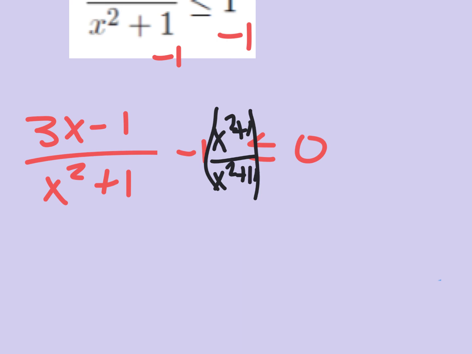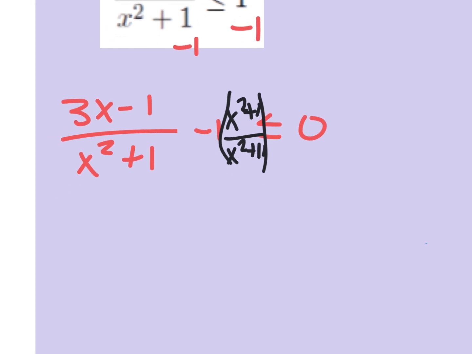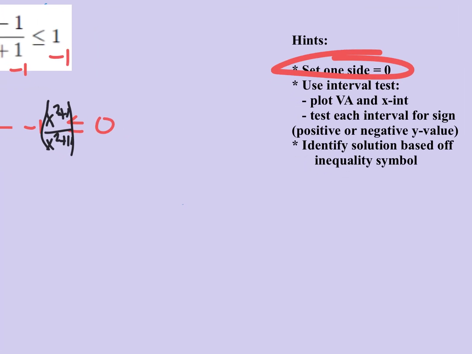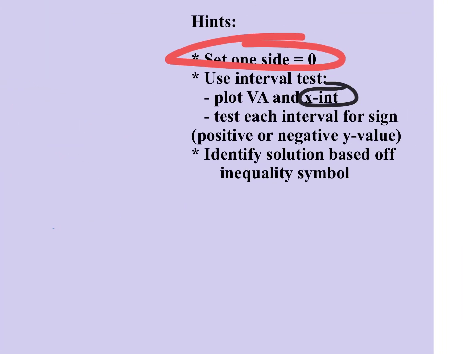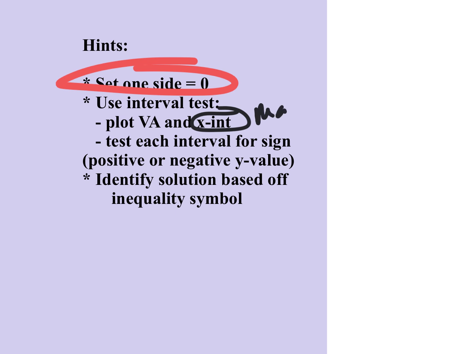All right, from here, you would have to find any zeros, things that make it equal to 0, which is things that make the top 0. Those are the x-intercepts. Maybe you take a note: makes the top 0.